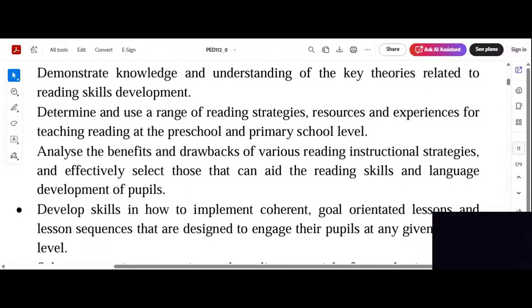We'll also be able to analyze the benefits and drawbacks of various reading instructional strategies and effectively select those that can aid the reading skills and language development of pupils.